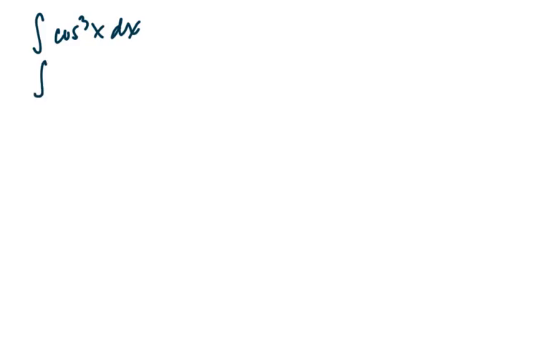So let's rewrite it. I know that cosine to the third is cosine of x multiplied by itself 3 times. So let's call it cosine squared x times cosine x dx. Now, we just talked about using cosine squared. Did you make a note of that? So we can go back and look at our options for cosine squared.